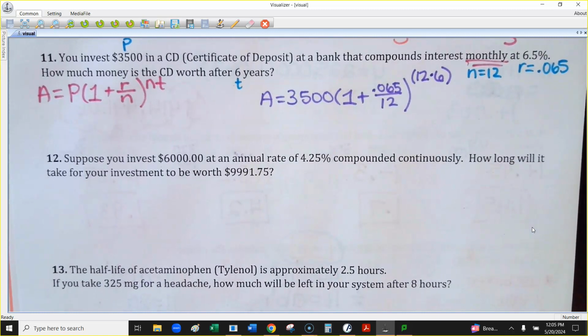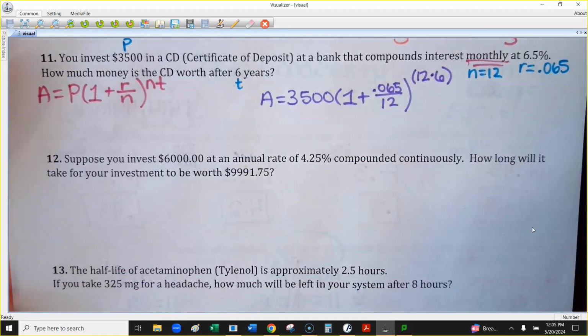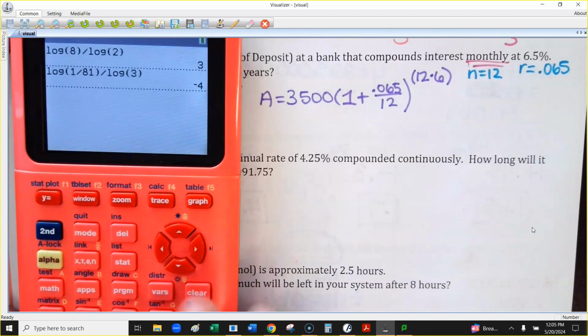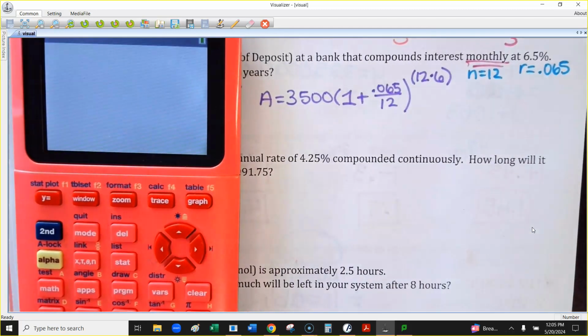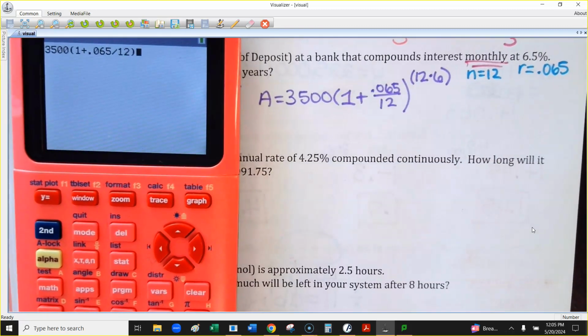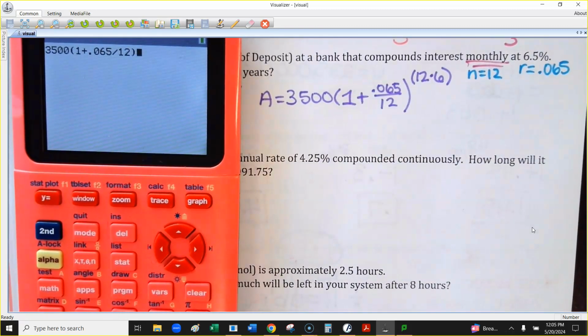The only thing I would tell you to do is just type in your calculator, but just put parentheses around that exponent. Or figure out what that number is. 6 times 12 is 72 if you want to put it in like that. Otherwise, you could just type the entire thing in just like I wrote it. You can't use the fraction key for that fraction if you're using a scientific calculator because it does have a decimal in it. So just use the division key.